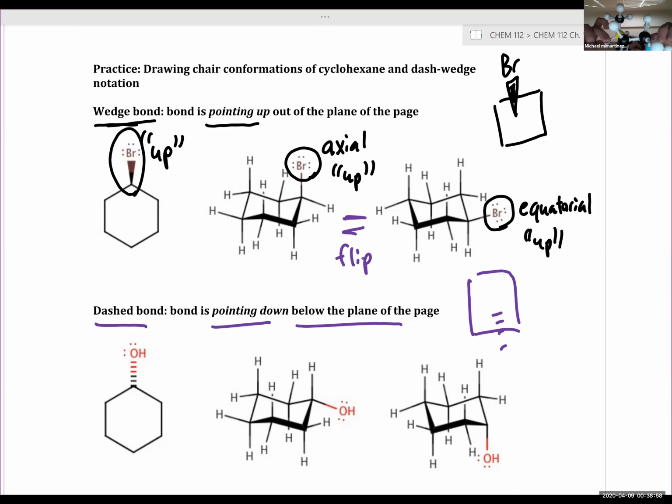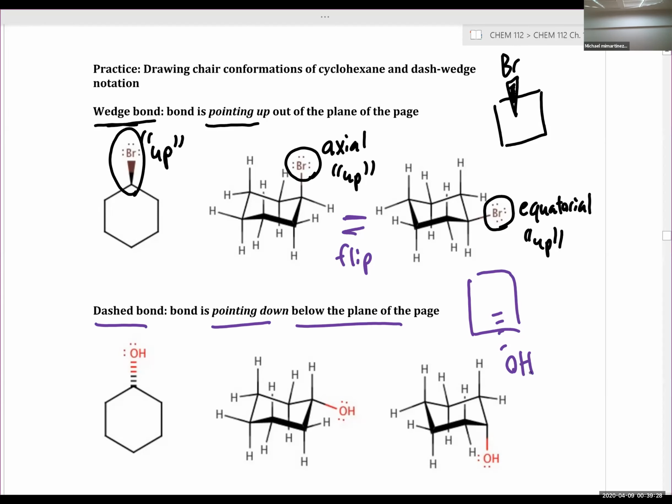So here's our original structure before the ring flip. The methyl is up. After a ring flip, the methyl is still up relative to our hydrogen. So the ring flip only changes the axial versus equatorial position. It does not change the stereochemistry, whether it's dash or wedge. And that's a really critical thing to keep in mind.